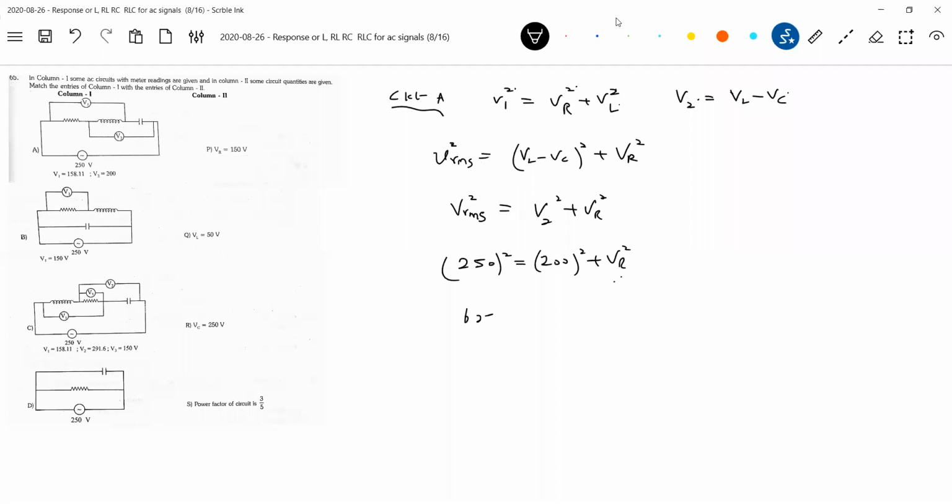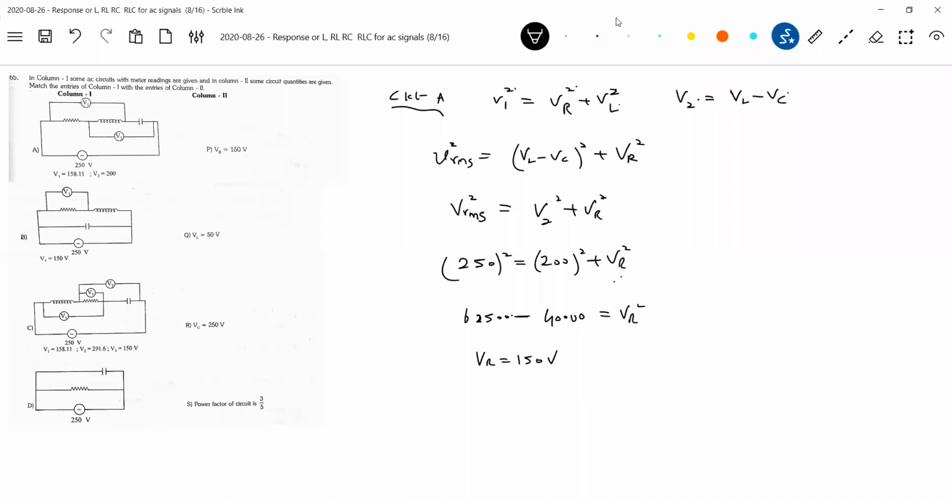So this will be 62500 minus 40000, and VR comes to 150 volt.